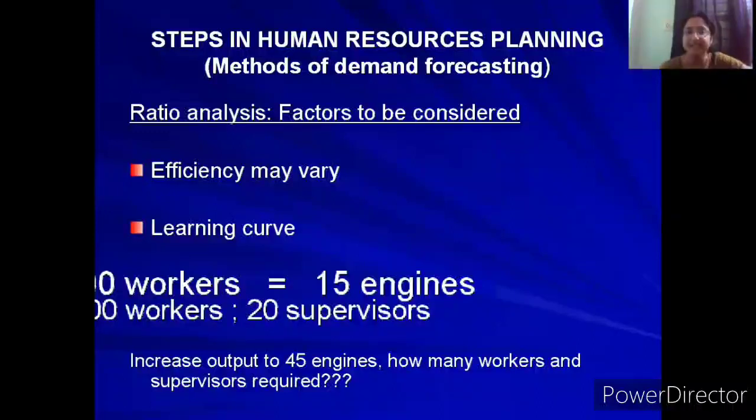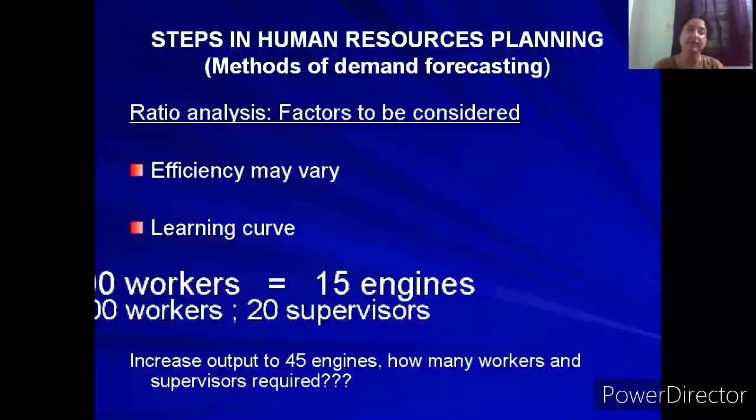So in the second year, rather than producing 15 engines, these 100 workers may probably be able to produce 30 engines. And since their work is also improving, the number of supervisors might reduce. You may not need 20 people to supervise these people. Probably 10 people might be sufficient to supervise them now.